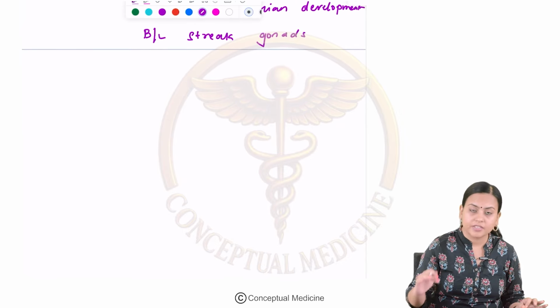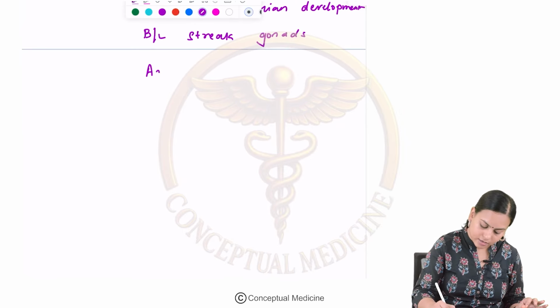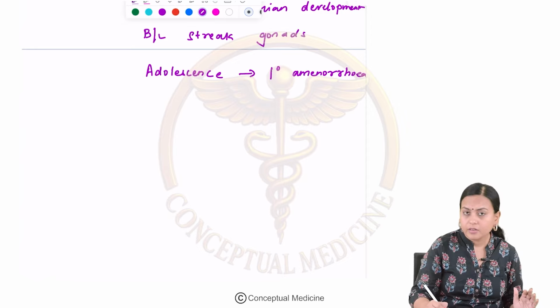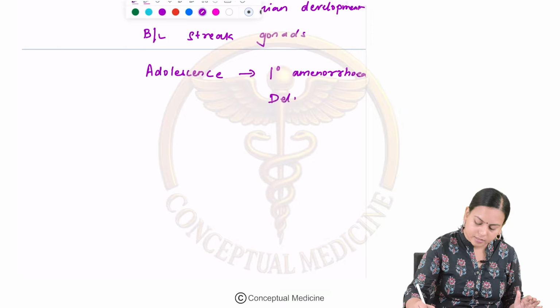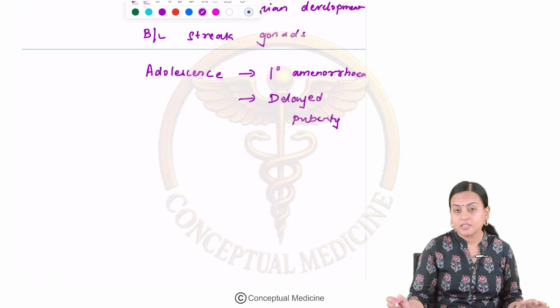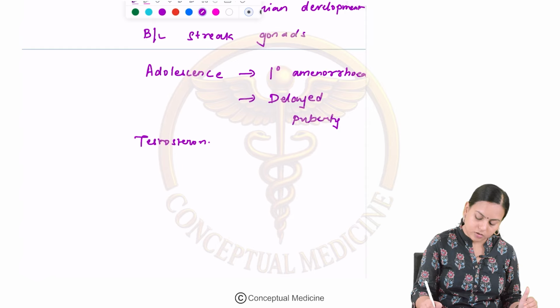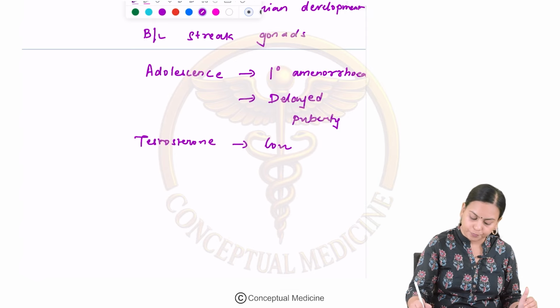It usually presents in adolescence with primary amenorrhea, or it can also present as delayed puberty, and here the testosterone levels are usually low.